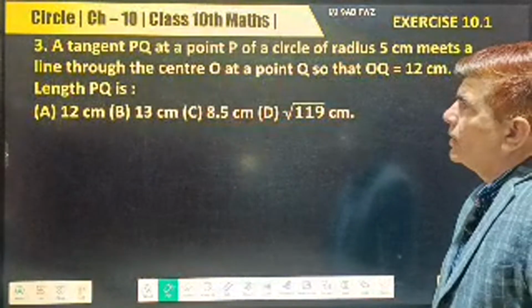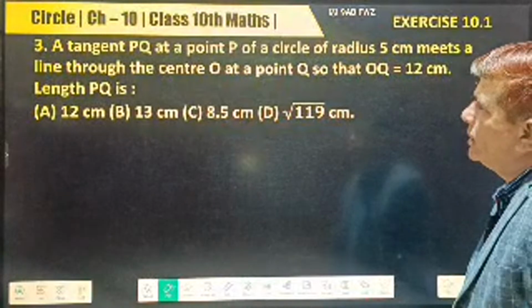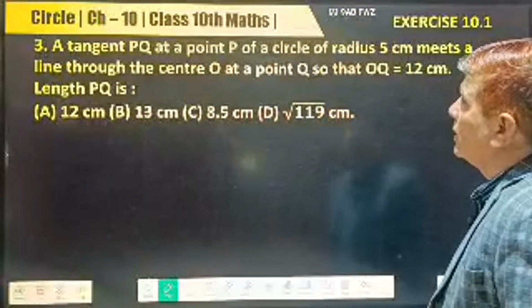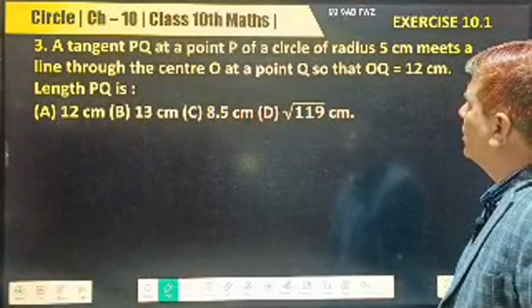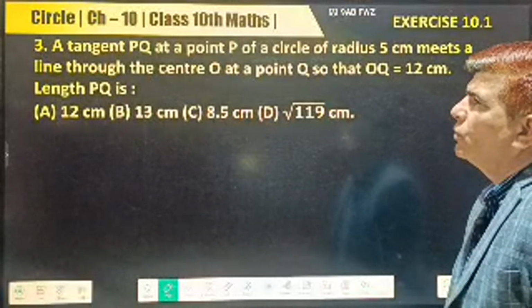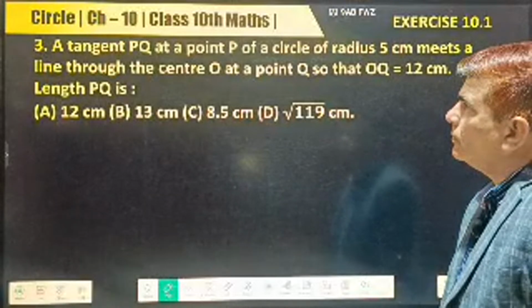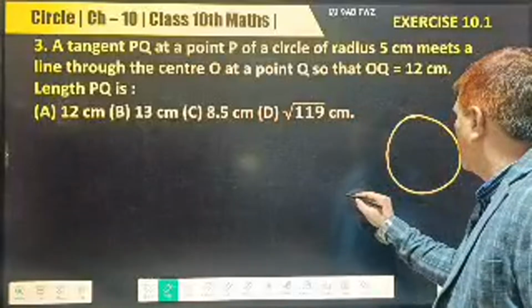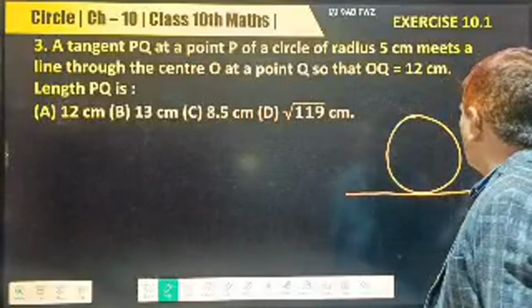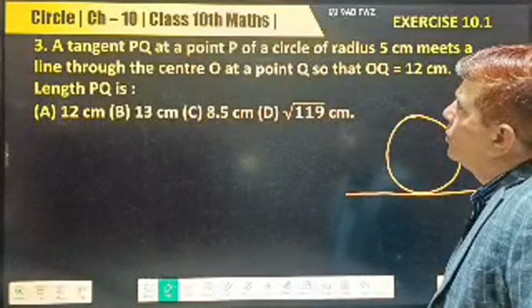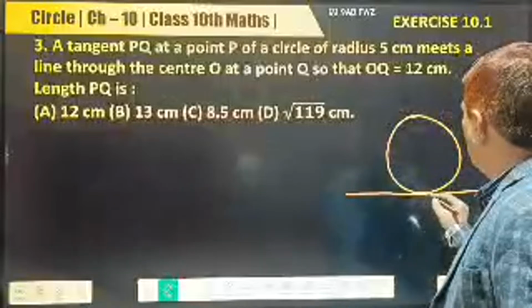Then question number 3 is given: a tangent PQ at P of a circle of radius 5 centimeter meets a line through the center O at point Q, so that OQ equal to 12 centimeter. Find the length of PQ. So try to understand. A tangent PQ at point P of the circle.